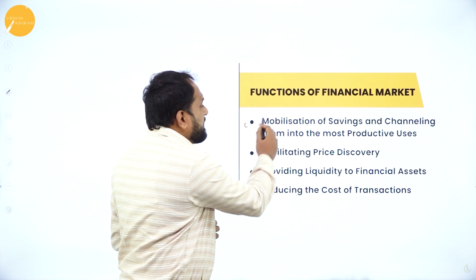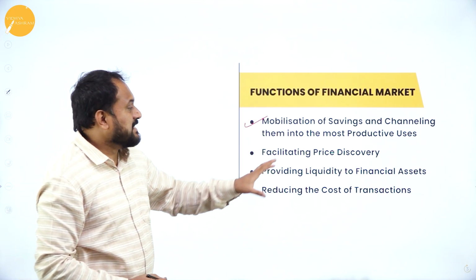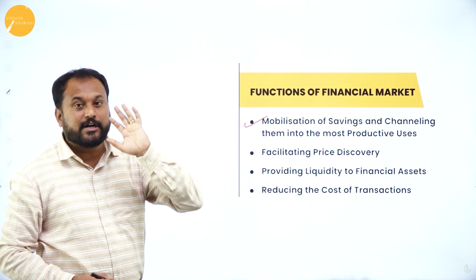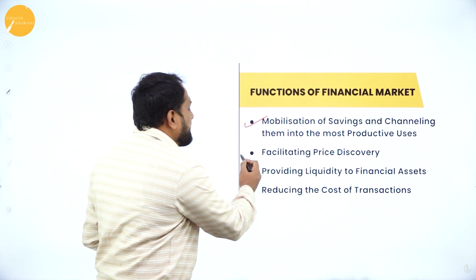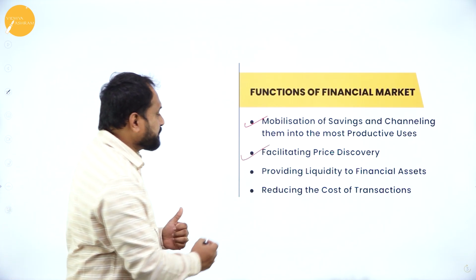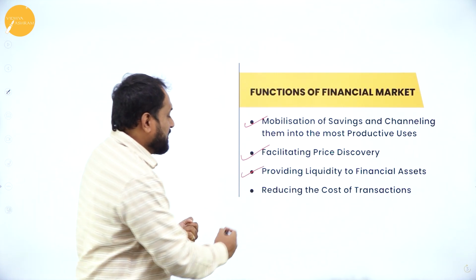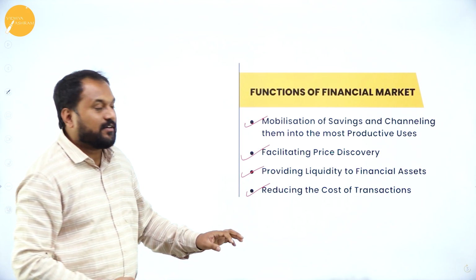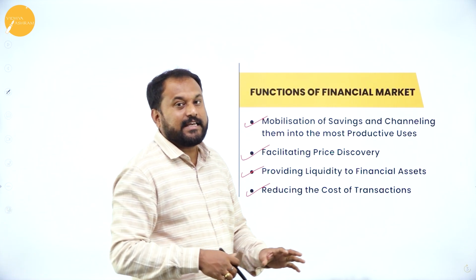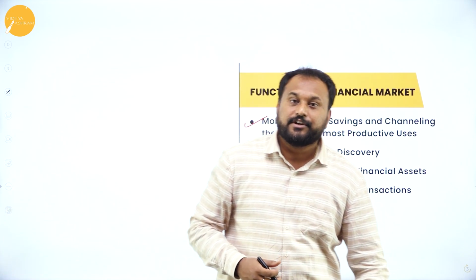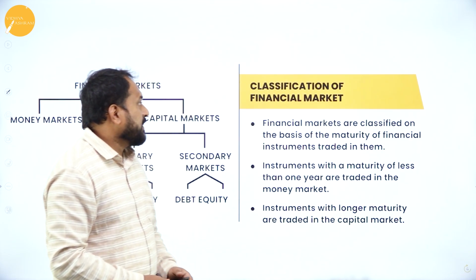First one, mobilization of savings and channeling them into the most productive use, facilitating price discovery, providing liquidity to financial assets, reducing the cost of transaction. So all these are the functions of financial market.